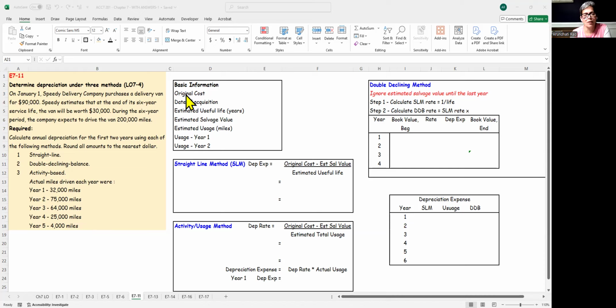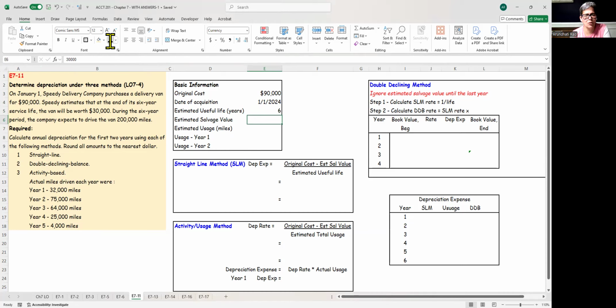So here, first thing in my notes, I'm going to look for the basic information. What is the original cost of the asset? That's $90,000. So let me write that down over here. When did I acquire this asset? Dates are very important. We're going to assume it's the current year 1/1/2024. The life of the asset is 6 years.